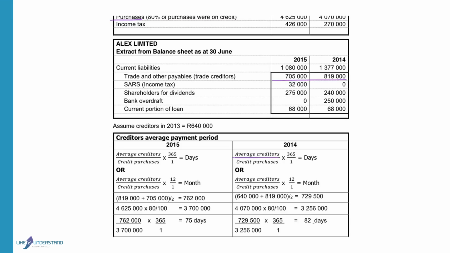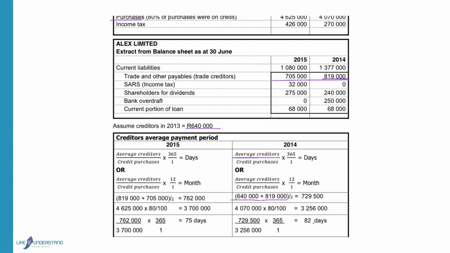If we look at the average creditors, they say that we must assume that the creditors were 640,000 in 2013. So we will take the total creditors at the end of 2013 and add the creditors at the end of 2014 divided by 2 to work out the average creditors.